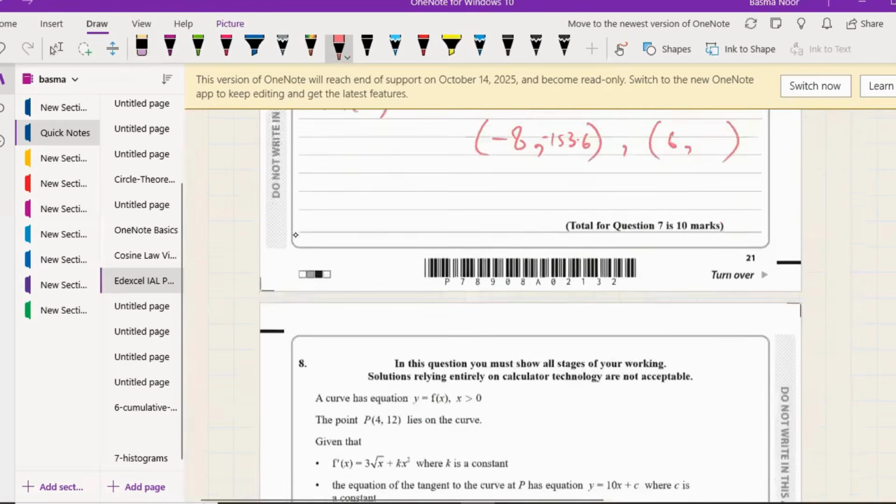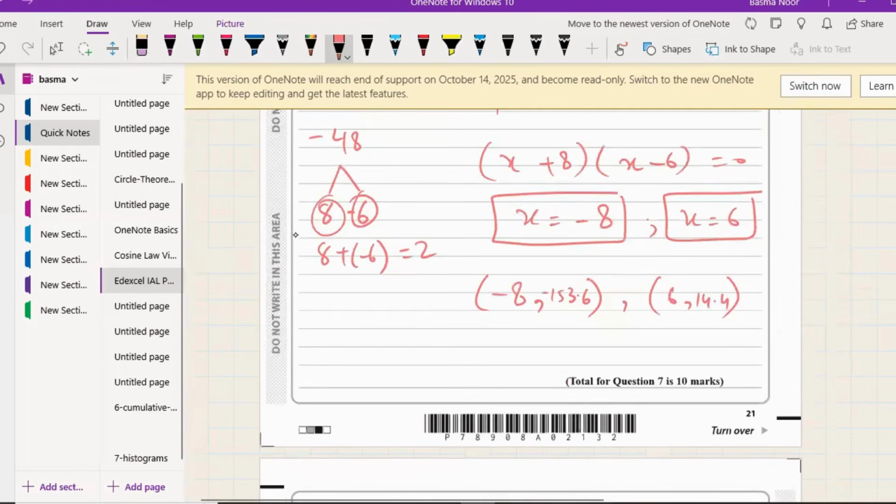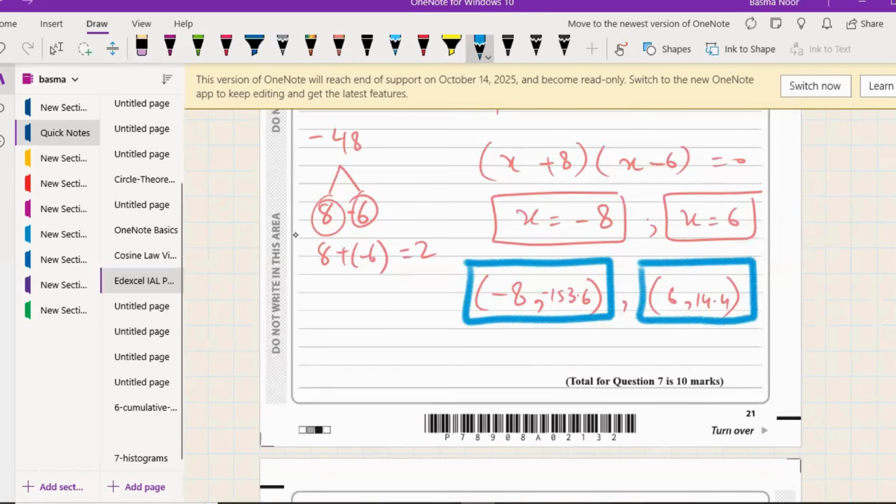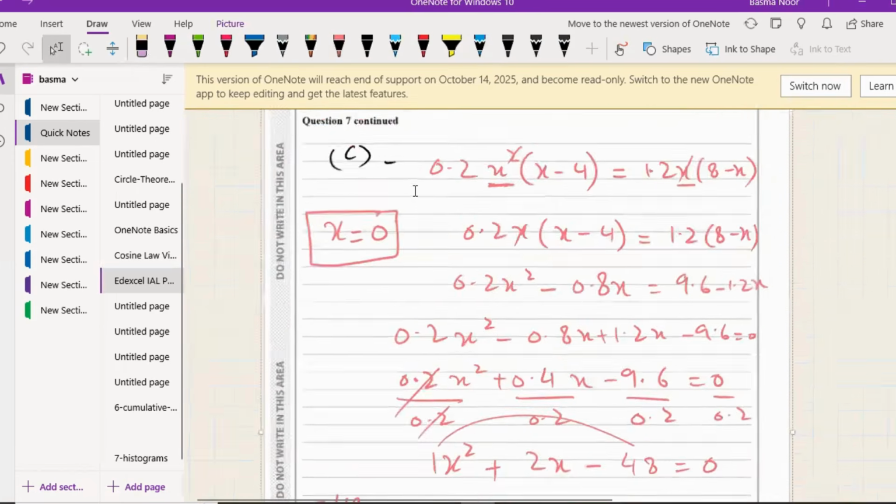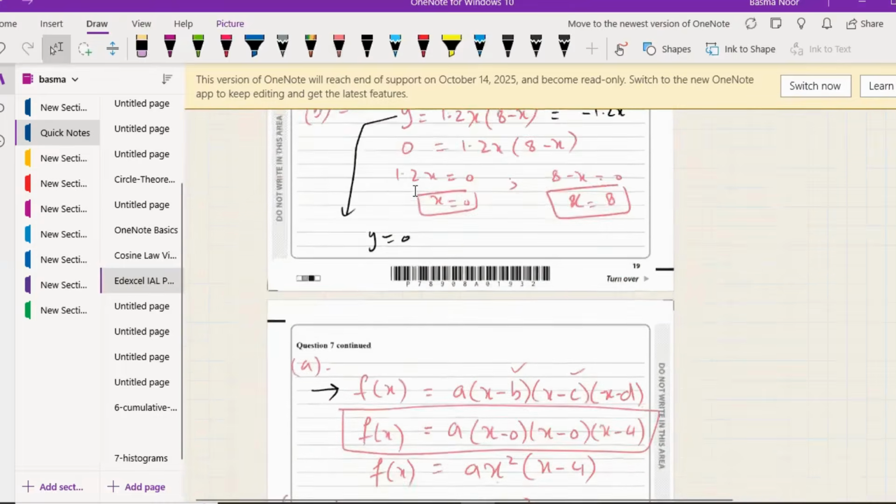When x is 6, y is 14.4. So these are the 2 points of intersection where the 2 curves intersect each other. Okay, so that was your question number 7. Here you can see it was a bit lengthy too.